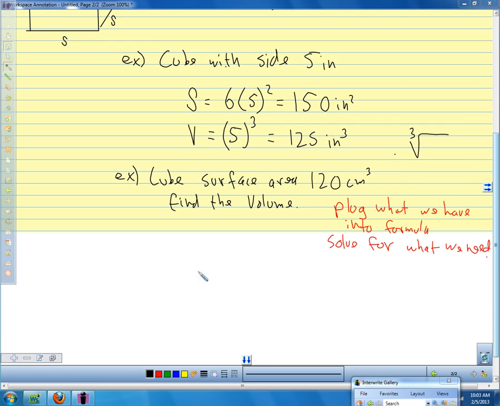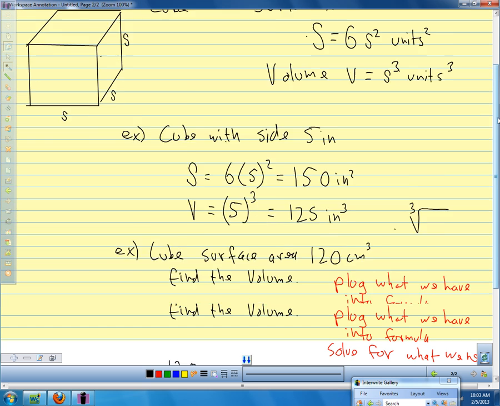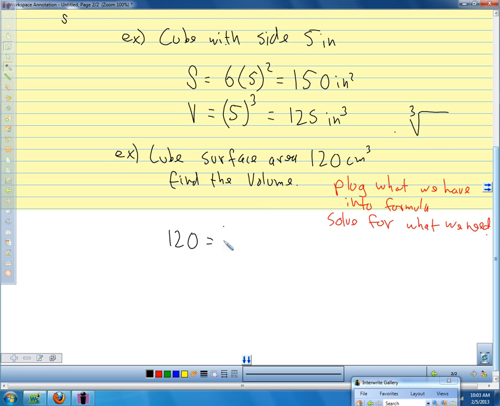We know the surface area is 120, and we know our formula for the surface area is 6s squared. So 120 equals 6s squared. This will let us find the side length. I'm going to divide by 6 and turn my equation around. I get s squared equals 20.